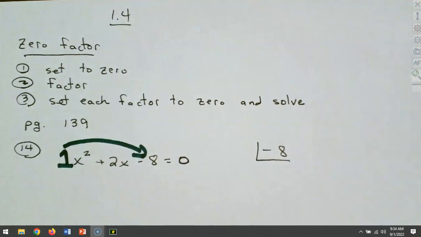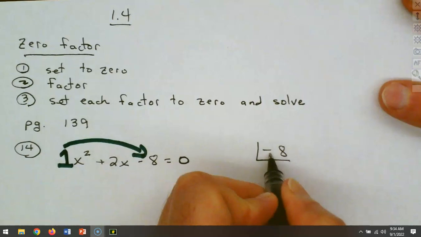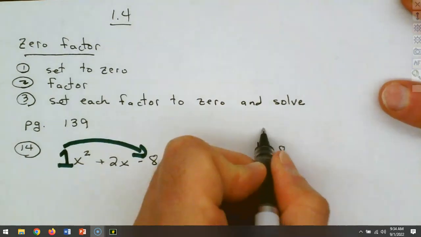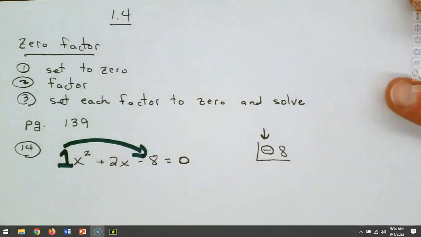And every instructor teaches factoring a little bit differently. I have you factor by grouping, is how I do it. Some instructors use it where you check the factors. I do factor by grouping. So I take the first times the last, and that gives me a negative 8. Now, we need to remember how the signs work. The negative 8 in the box, it's negative.